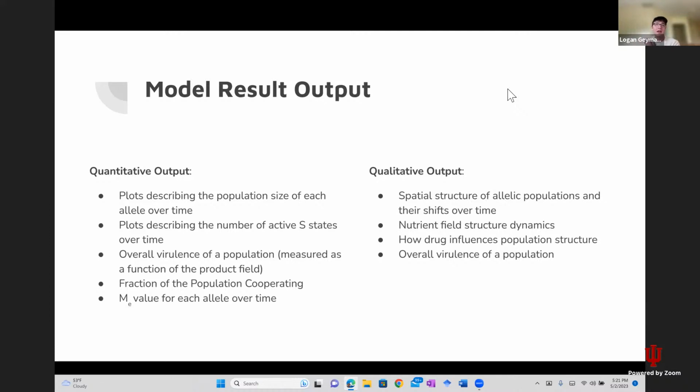And then we wanted to understand how the number of active quorum sensing cells changed over time. S state just refers to whether or not the sensor is triggered, so they're seeing enough autoinducer to quorum sense. We wanted to see how that changed over time, as well as how much energy each cell possessed over time. Were there certain events in these quantitative plots that were then mirrored in the qualitative ones as well?